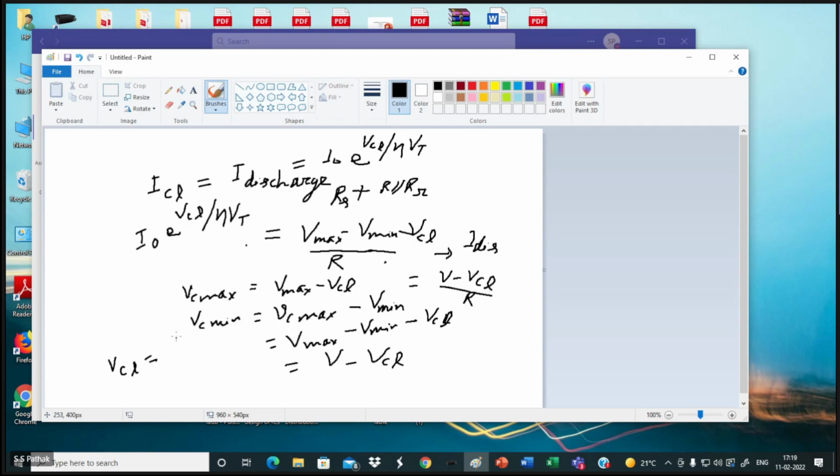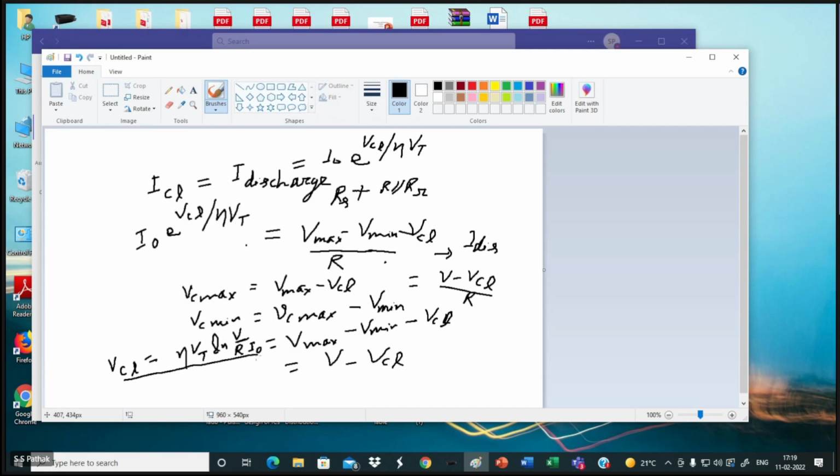VCL will become equal to eta Vt ln, natural logarithm, of V by R I naught. See, the resistance R has come into the picture. For the discharge, V by R is coming. So this is the condition I have got.